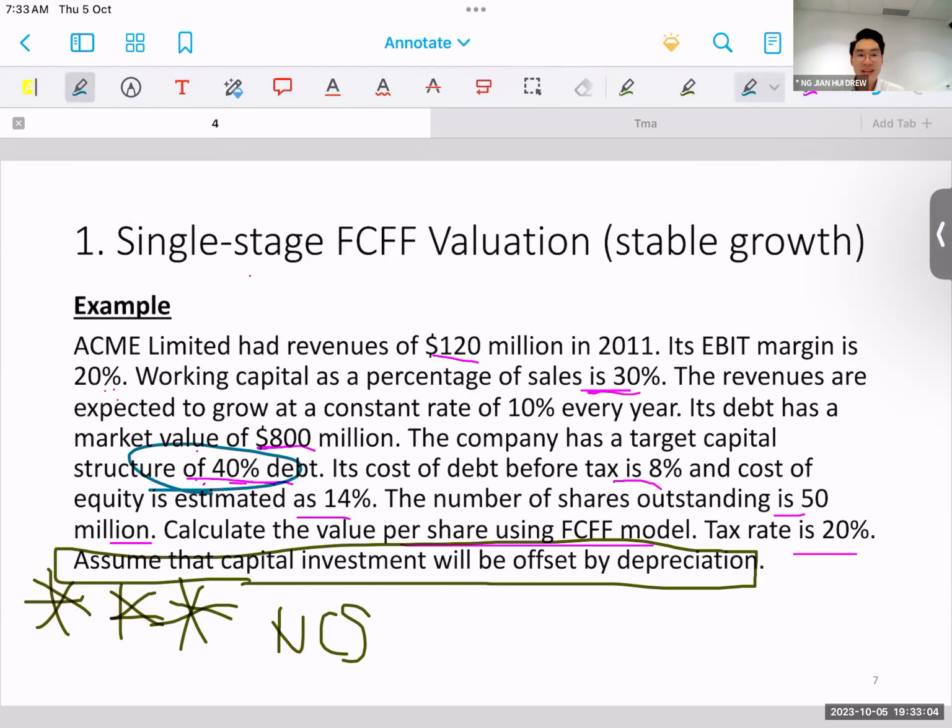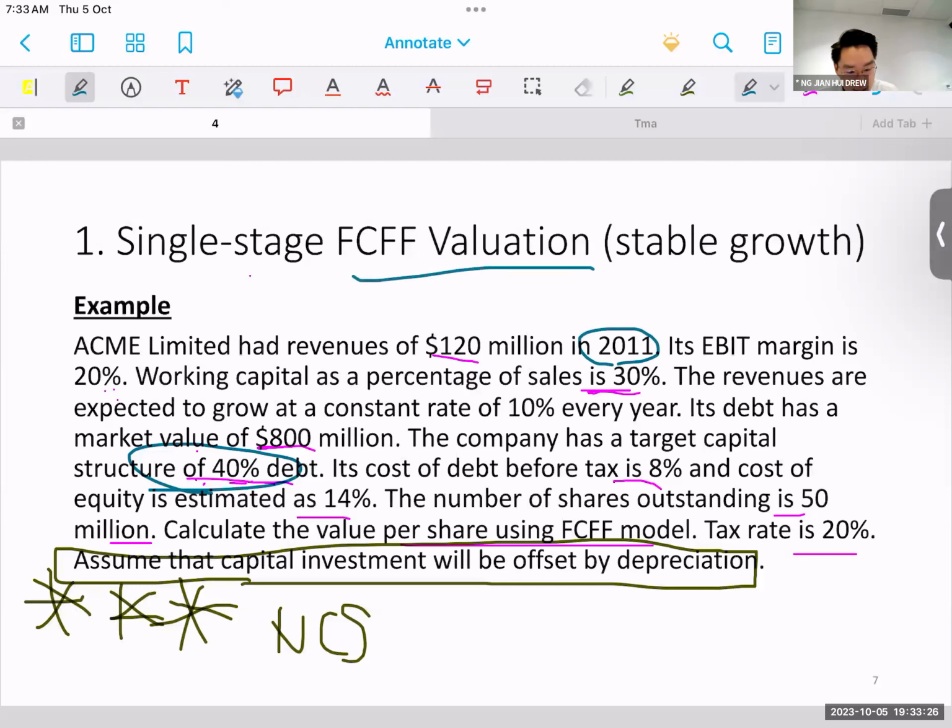Okay, so maybe it's not so clear. All right, so let's have a look here at this question. This is a small little, well, I will not say trick, but you need to be very careful when you see this. So we know that this company revenue starts in 2021, right?